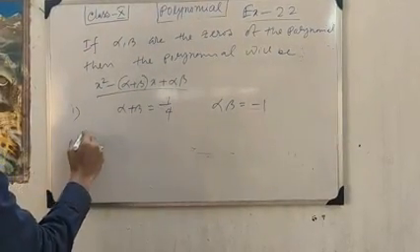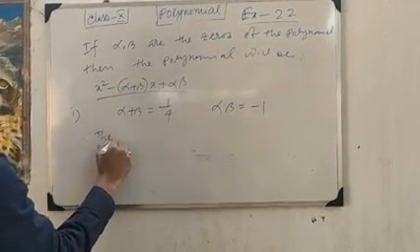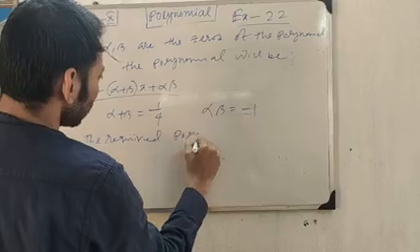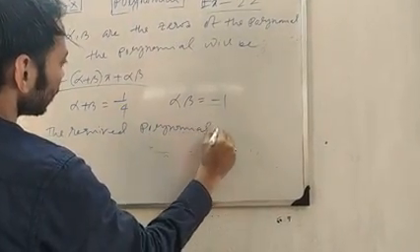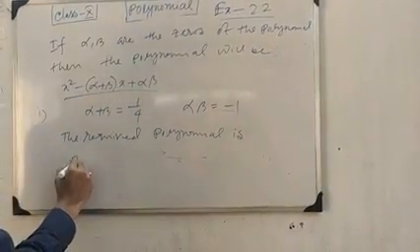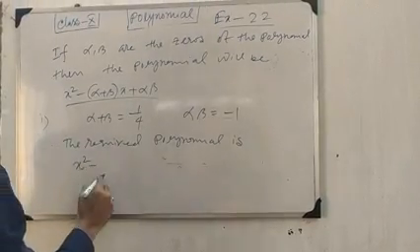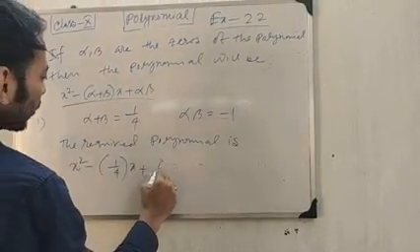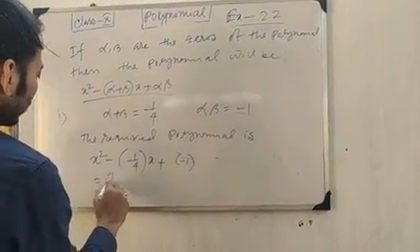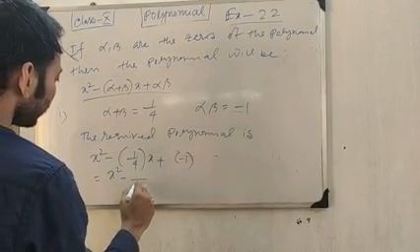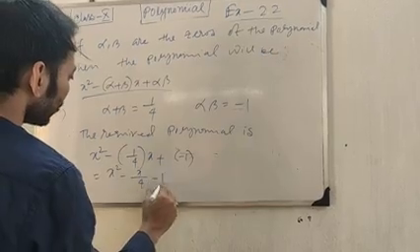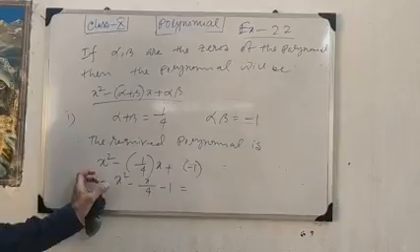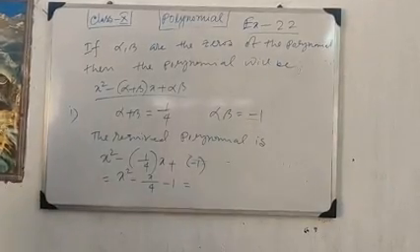So what is the polynomial? Therefore the required polynomial is x square minus of 1 by 4 into x plus of minus 1, equals x square minus x by 4 minus 1. Now you may multiply it by a suitable constant to put it in standard form.